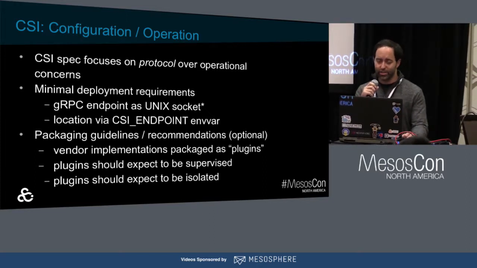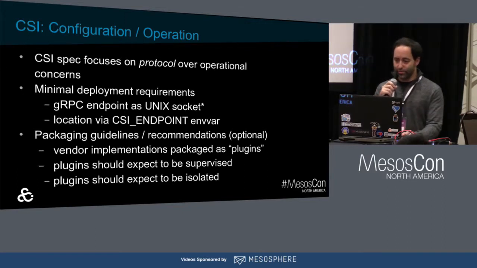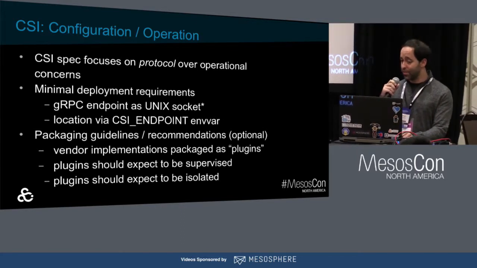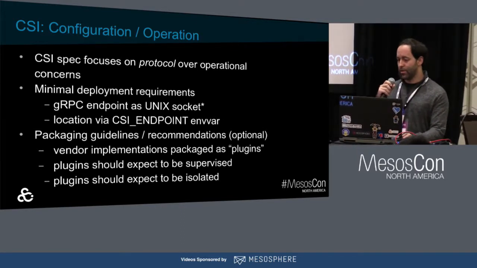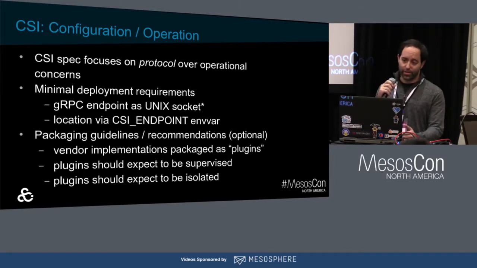With respect to packaging, CSI does not mandate a container image format. The spec suggests that you try to use something that's cross-CO compatible. There's pretty minimal expectations with respect to supervision. For example, plugins should terminate upon getting a SIGTERM. And last, isolation of a plugin is not guaranteed, but it's very likely.